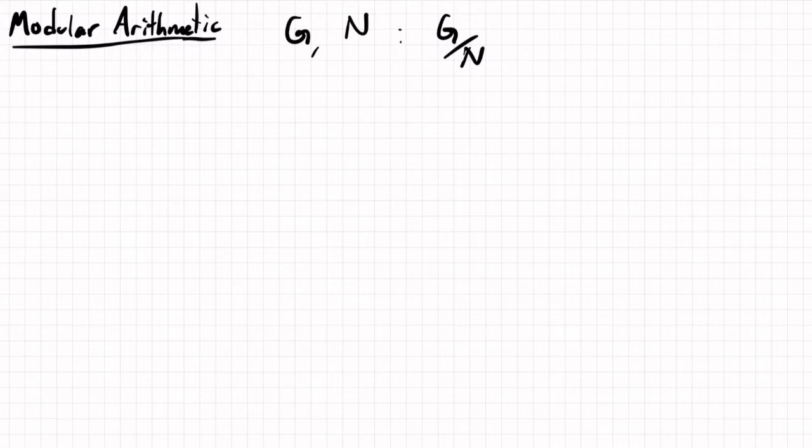Right now we're going to choose G to be equal to the group of integers, the integers with addition, where the group law is addition, and N is going to be equal to nZ, where we'll let n be some integer, say 3 if you want.